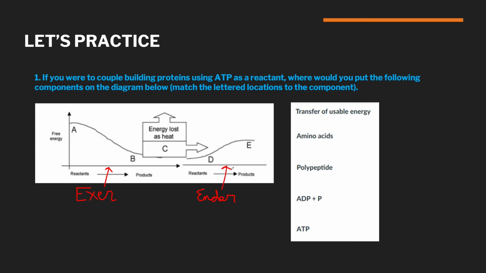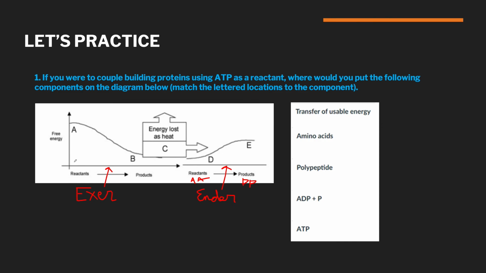Endergonic goes on this side. So we have to decide, okay, building a protein, that's endergonic. So we're going to take our reactants for the protein, our products for the protein. So our amino acids that we're going to use to build it, and then our finished protein is here, which is a PP, a polypeptide, right? And then you have to decide what's the exergonic reaction that's driving that.